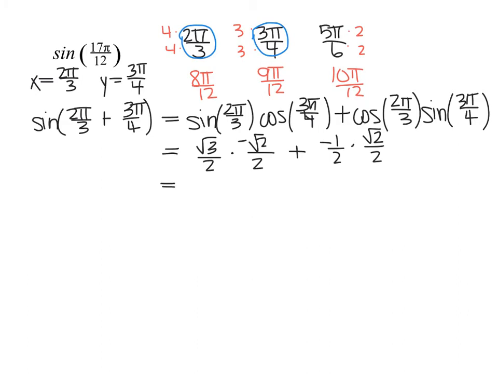So radical 3 over 2 times negative radical 2 over 2 will give us a negative radical 6 over 4. And because I'm adding negative 1/2 times radical 2 over 2, we'll get minus radical 2 over 4. We have common denominators, which means I can write my final answer as negative radical 6 minus radical 2 all over 4.